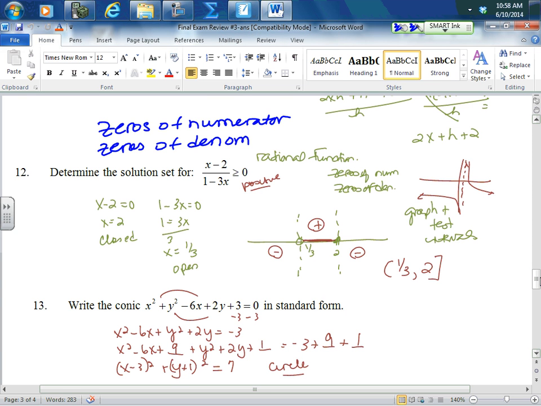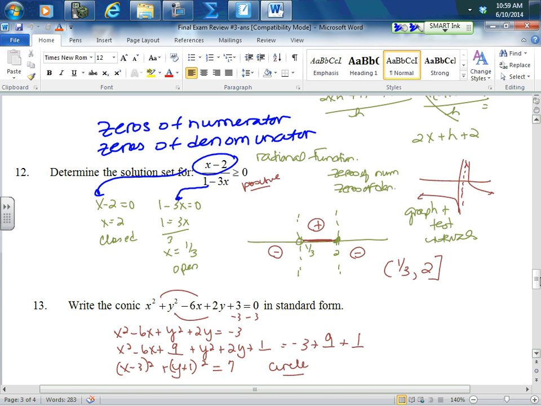This is what gave you your cutoff on your number line. So once everything is to one side and in one term, then you take apart your zeros of your numerator and you do your zeros of your denominator.